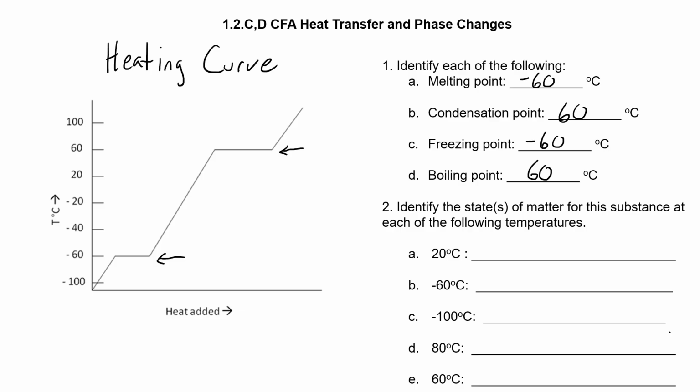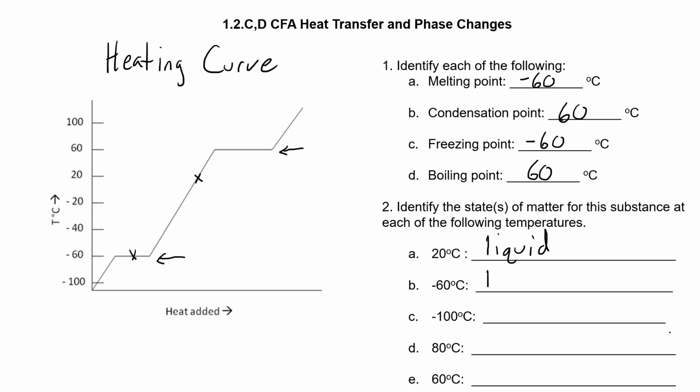All right, so let's mark these values on here and determine the state of matter at each of the following temperatures. At 20 degrees Celsius, so let's read our graph, that's right here. This is on the portion of the line that represents a liquid. At negative 60 degrees Celsius, this phase change, there are two states of matter present, and they are in equilibrium with each other.